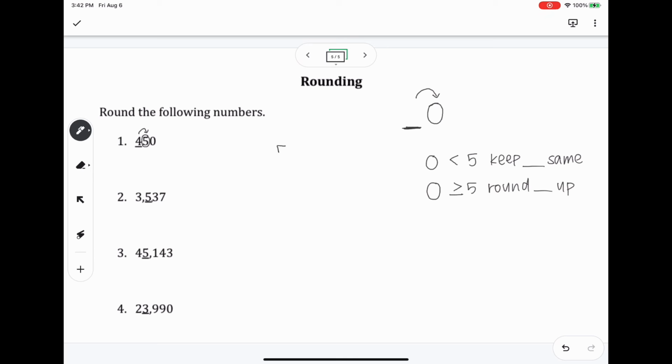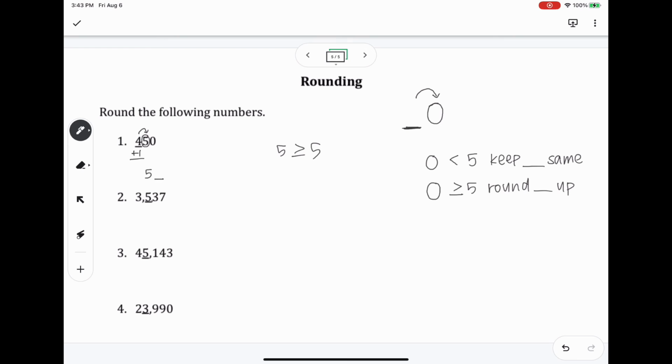And so 5 is greater than or equal to 5. So it fits into the second option over here, which says round the underlined value up. Now our underlined value is 4 over here. So round up means just to add it by 1. So if you round up 4, you'll end up with 5. Now our underlined value is rounded.